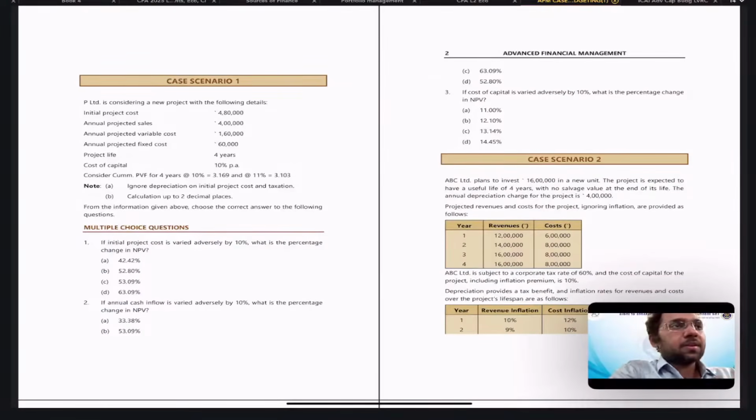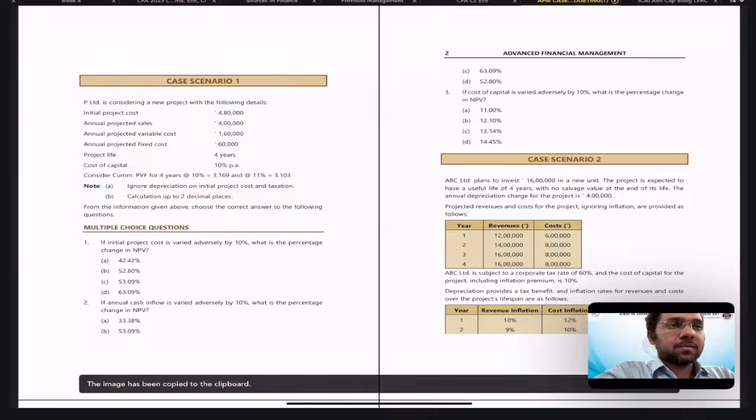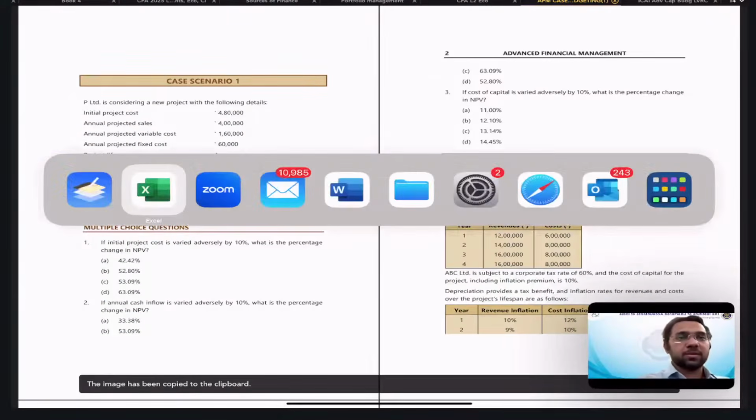Let's see whether the first question is accurately 53.09. So for that, we need to have this data. Let me just take the data over here.